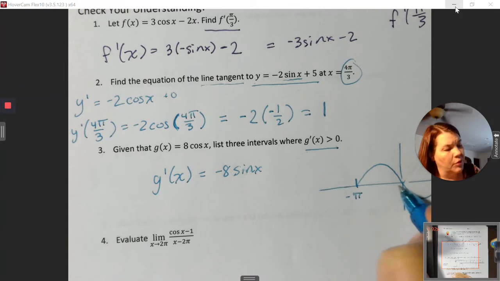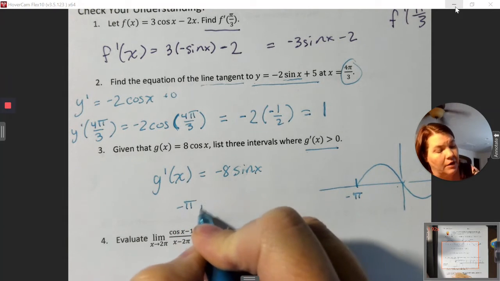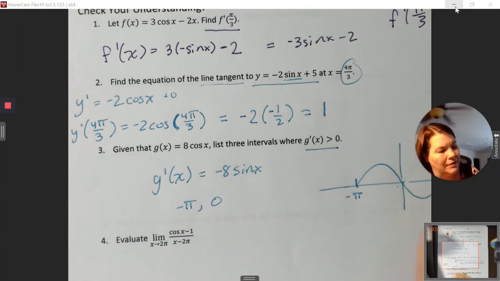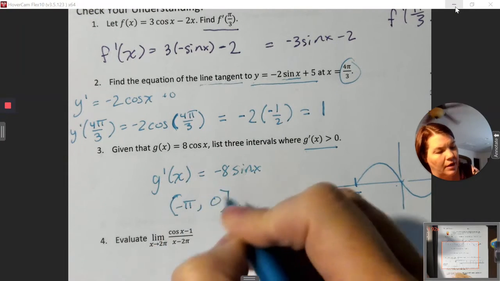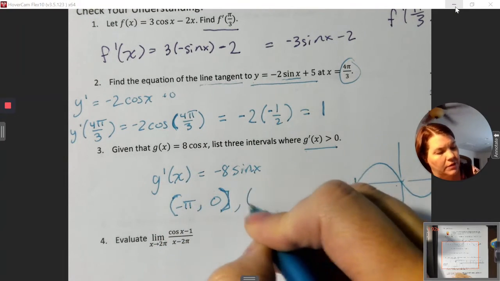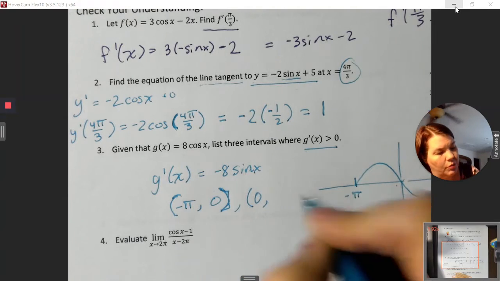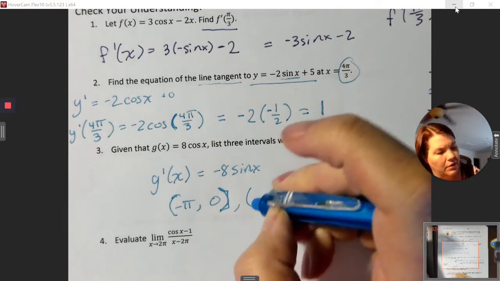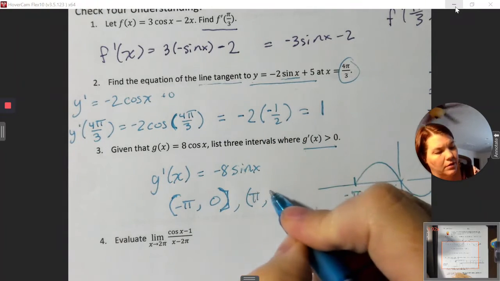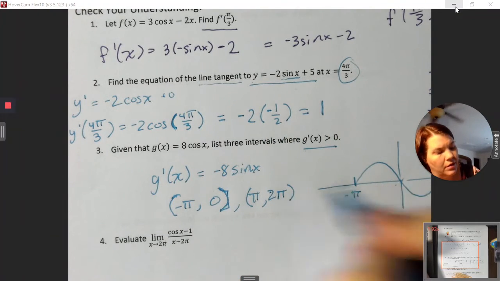Okay, so it's positive between negative pi and 0, and then it's going to be positive from pi to 2 pi, and I can go the other direction if I want, or I can keep going.